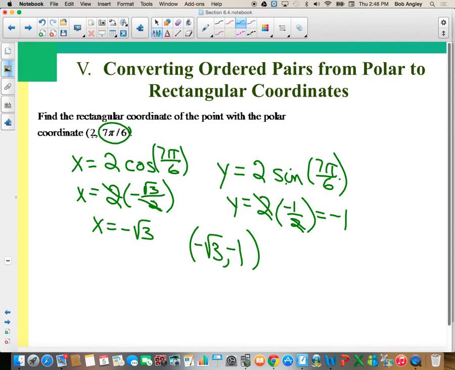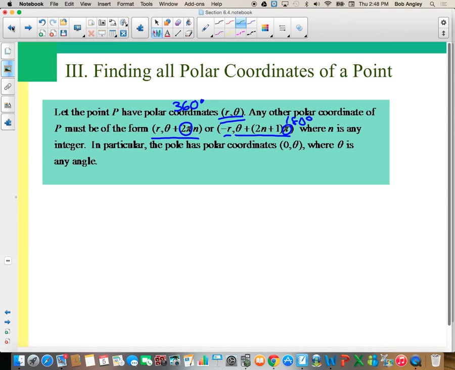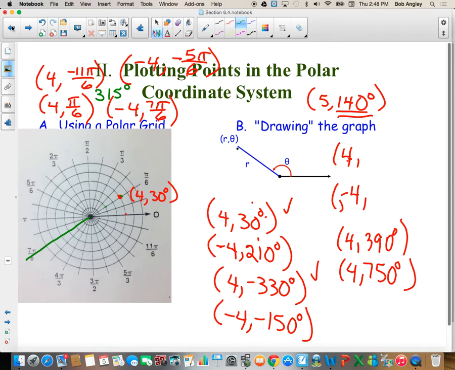Now, let me go back to the place I had this sized up for a minute. Our original point was 2, 7 pi over 6. So here's 7 pi over 6, and then the 2 would come to here. So this is where that point goes.